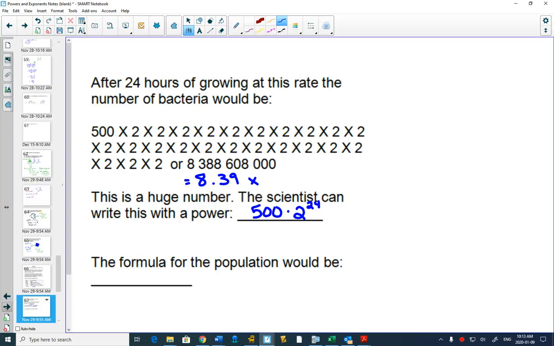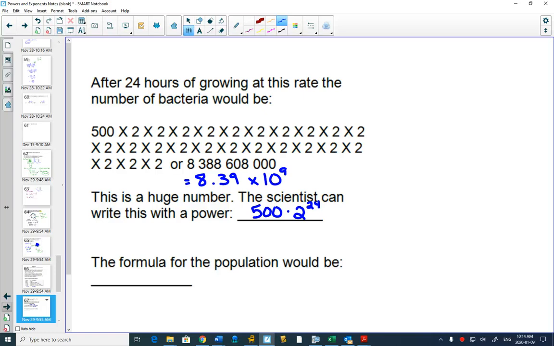No. In scientific notation, instead of writing all of those numbers, we'll just write a couple of them, 8.39, and we'll say that this was times by 1, 2, 3, 4, 5, 6, 7, 8, 9. We move that decimal place 9 times. That's like multiplying by 10 to the exponent 9. And that's something called scientific notation.